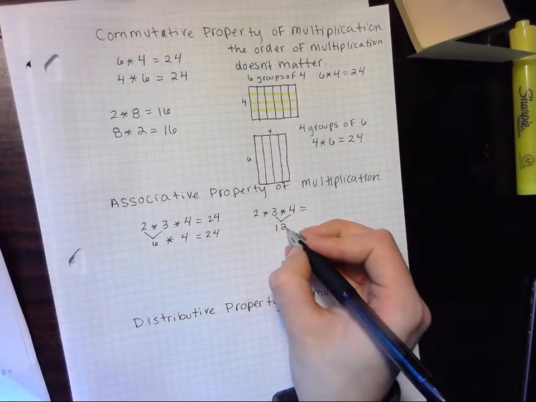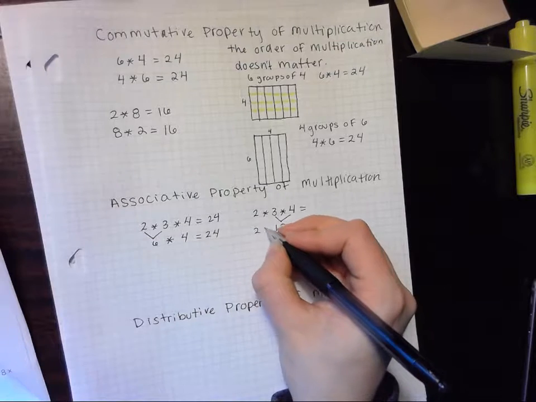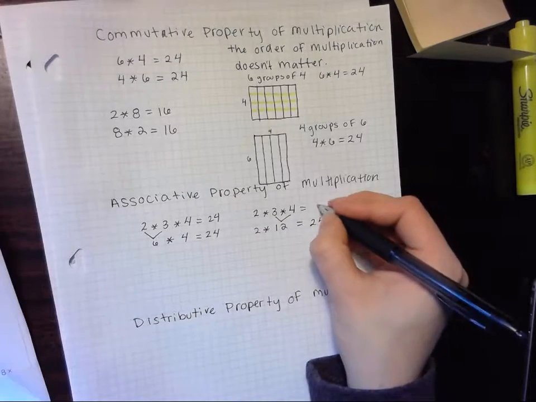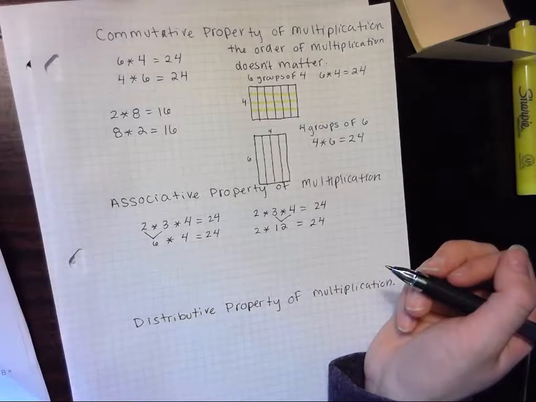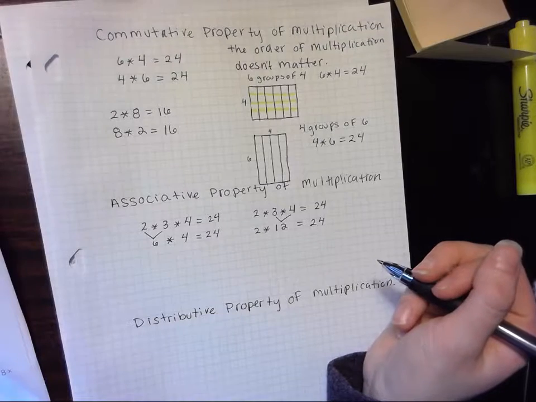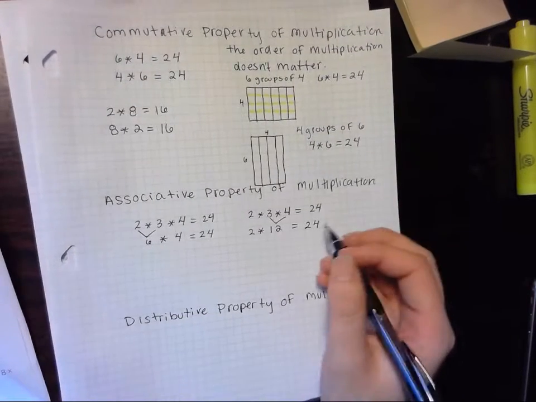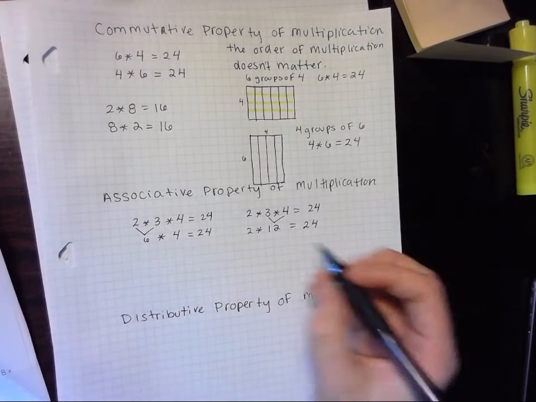And then we'd have to take that product and multiply it by our last number. 2 times 12 equals 24. So if you have a series of numbers that you're multiplying, you can group them in any way you want.